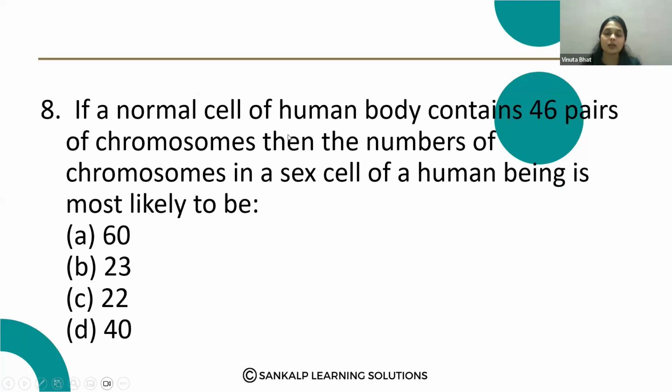If a normal cell of the human body contains 46 chromosomes, then the number of chromosomes in a sex cell of a human being is most likely to be.